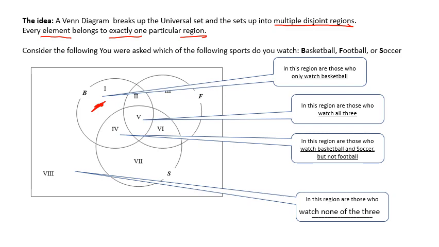For example, the basketball people are in the complete circle here. But again, depending upon their relationship with the other 2, they could fall in one of 4 different places. You got to keep that in mind. And there's also people that might not even be in any of the circles.